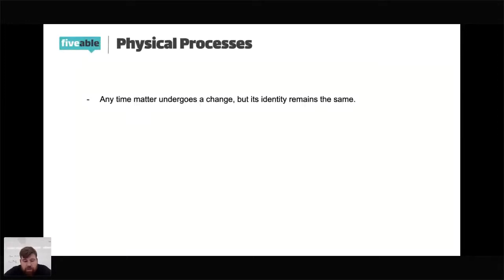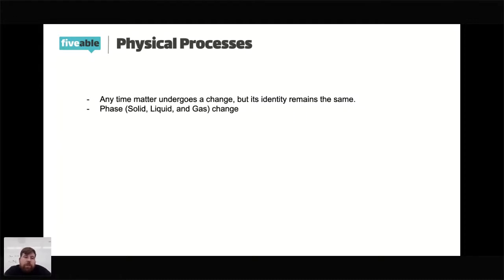The composition is completely the same as it was when it went into the reaction. The best clue to this is looking at the chemical equation or the chemical formula of the thing you're using. Some of the biggest examples of physical processes are phase changes or state changes.